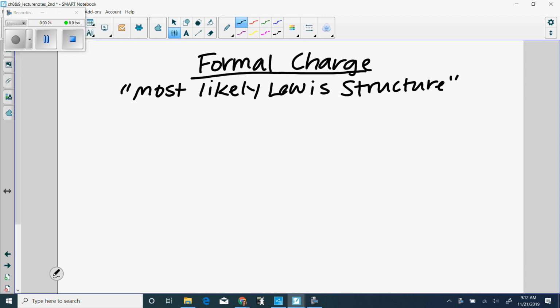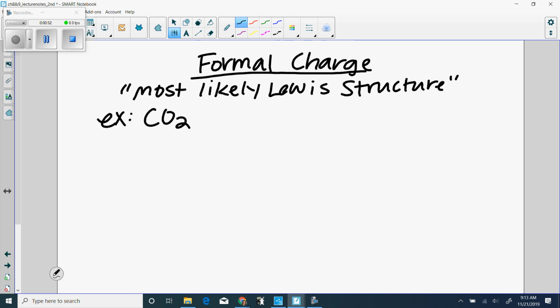So this is for when you can choose to put the double bond here, or here, or here, or you can do a triple and a single, where you're just deciding wherever things go. For formal charge, you would draw all of the options and then use formal charge to pick the correct option, okay? So the example we're going to do is carbon dioxide.